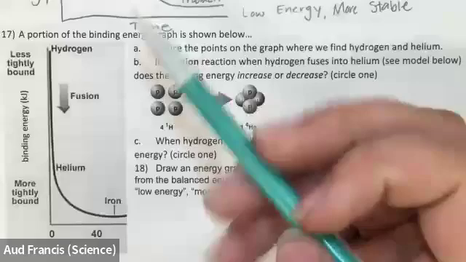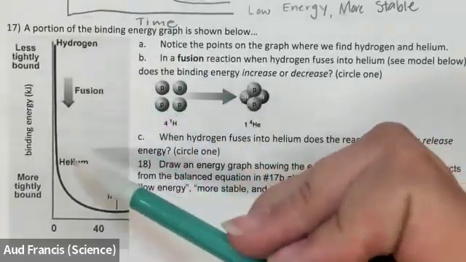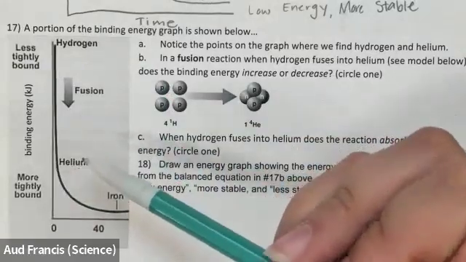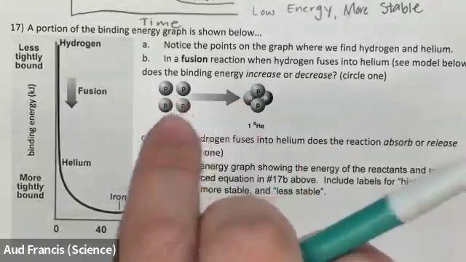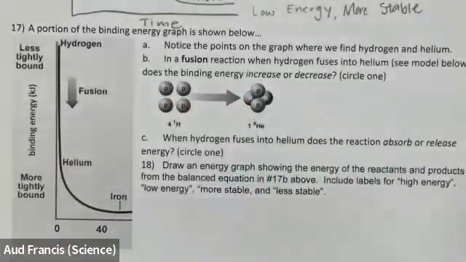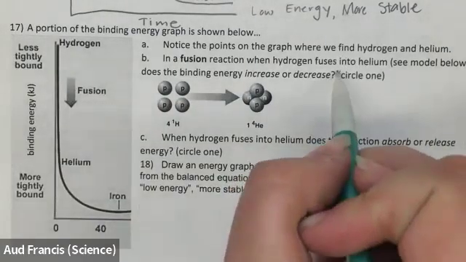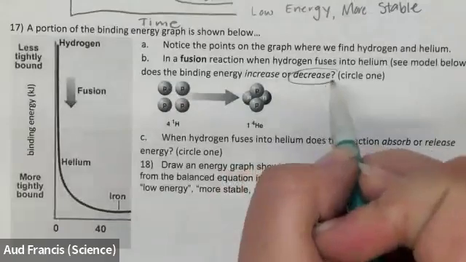So we're going to look on our graph here, and we see that the energy for helium is way down here where it's more negative. So this is going to happen because it's energetically favorable, right? The binding energy is going to decrease, and things in nature are going to tend to move to a less energetic state. So we have a decrease in our energy here.